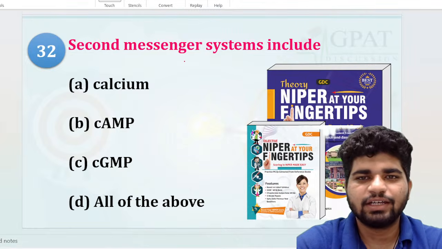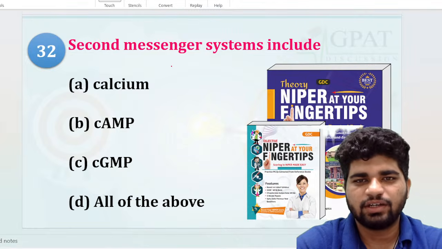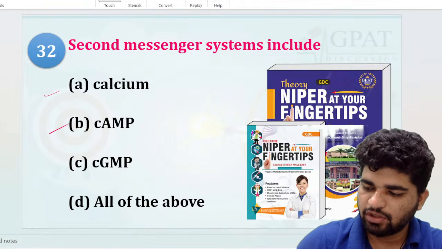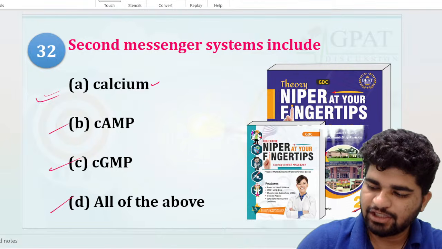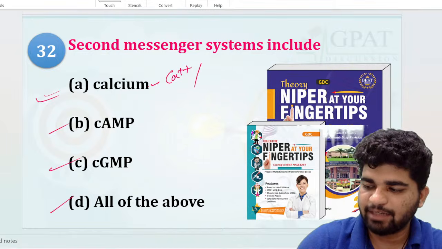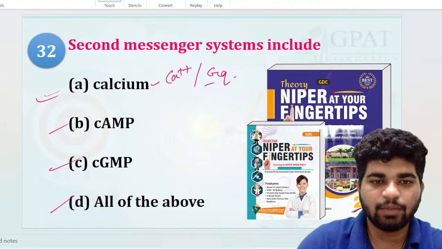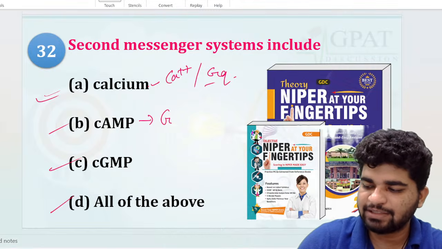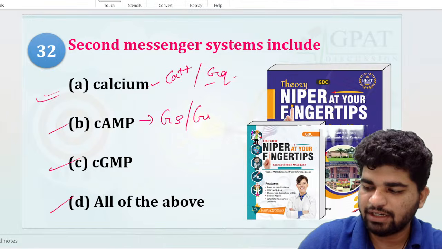Now this one: second messenger system includes what? Is it calcium, cAMP, cGMP, or all of these? Calcium, Ca plus plus, is a second messenger for Gq protein coupled receptors. cAMP is a second messenger for Gs as well as Gi.